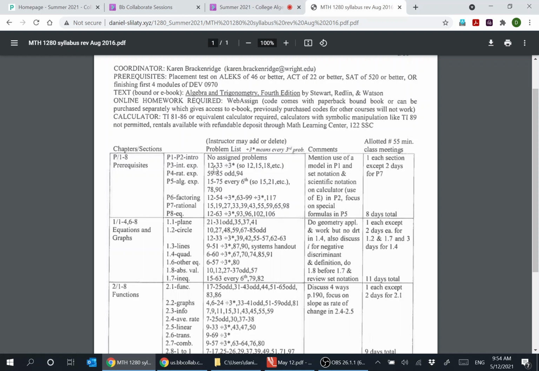These are what we'll be discussing at the beginning of class. For P3, we've got 12 to 33, every third problem. Let's take a look at some of those. They're all about simplifying these exponential expressions.